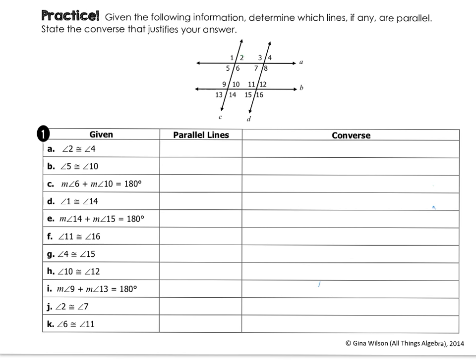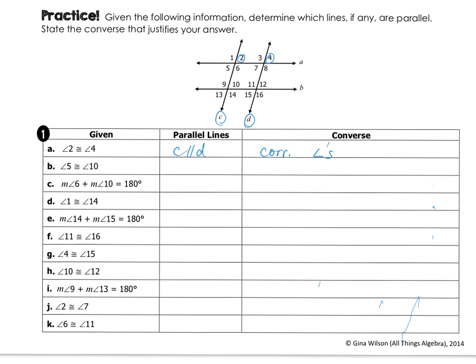So if I have my angle 2 here and angle 4 here, and if these two are congruent, the lines they're associated with are C and D. They're both under C and D if I turn my paper to the right. Or if I look at it this way, they're both to the right of the parallel lines. Therefore, the parallel lines should be C is parallel to D because they are corresponding angles.